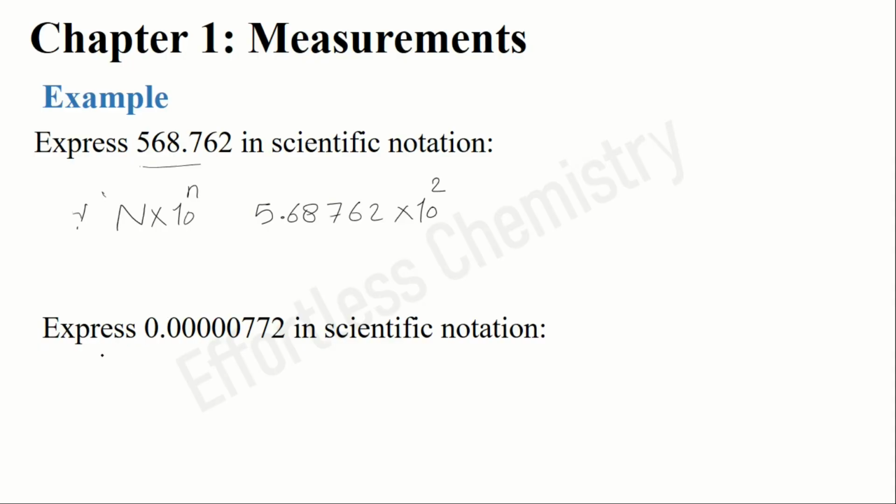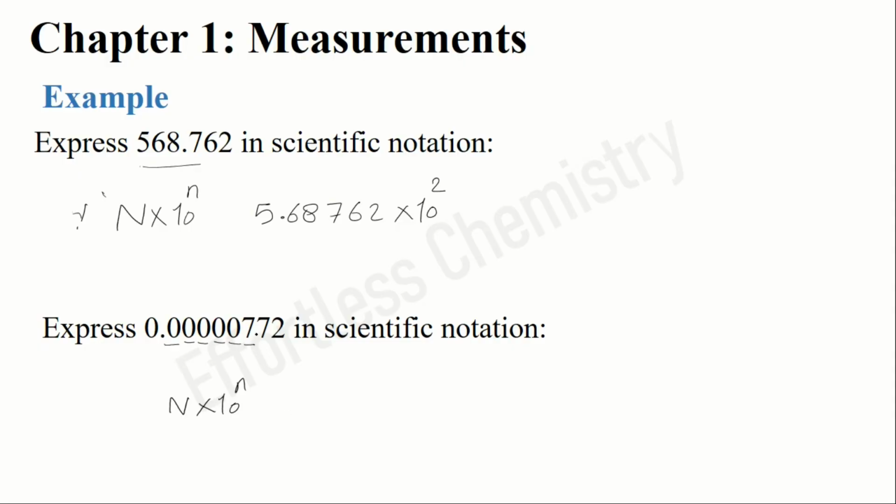While in this example that we want to express in scientific notation, I want to move the decimal point to the right, and I will write it. So again, this formula that we have, and I will count 1, 2, 3, 4, 5, 6.